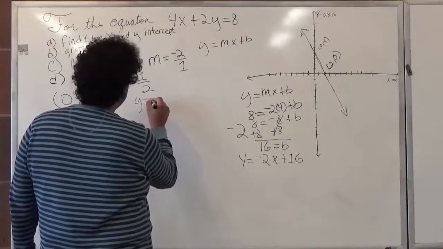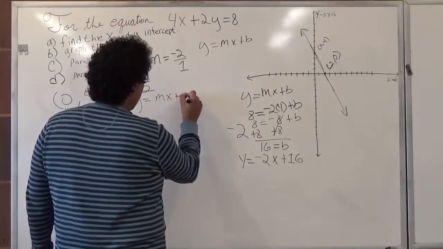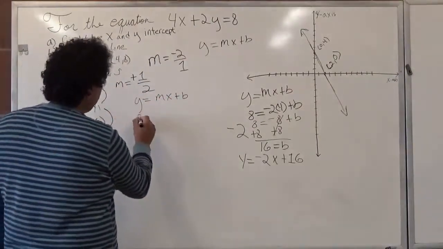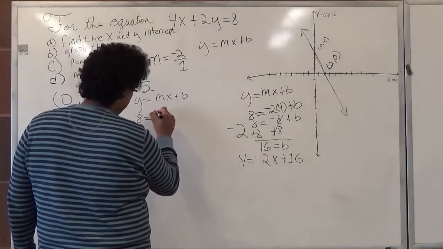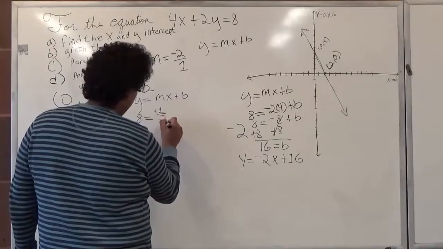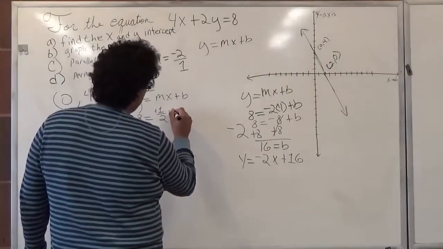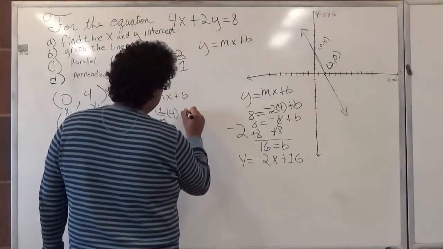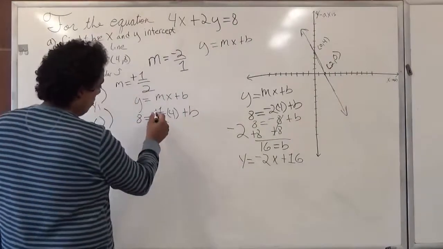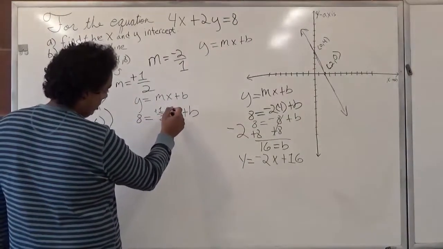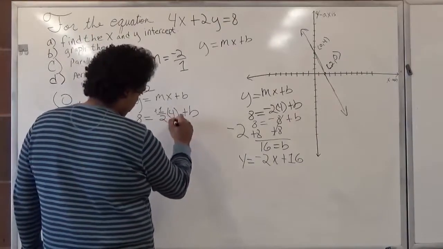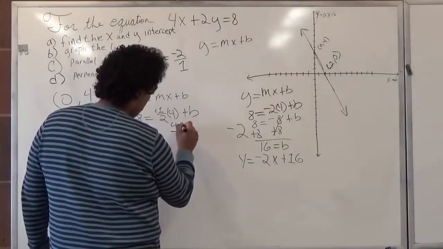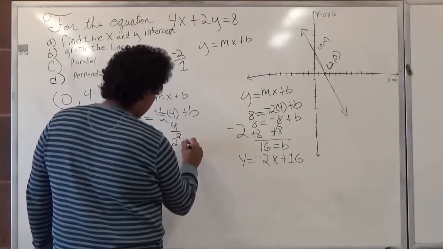So y equals mx plus b again. y is 8, which is equal to positive 1/2, x is 4, plus b. 1/2 times 4 is 4 over 2, which is 2.